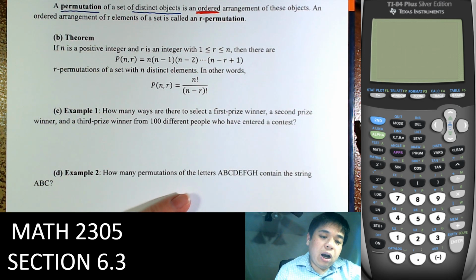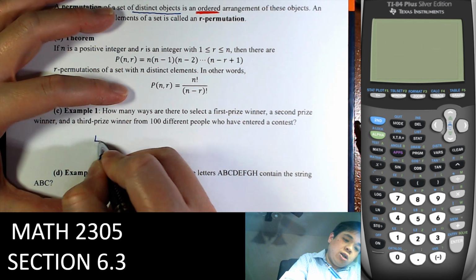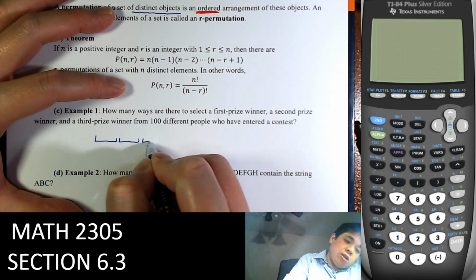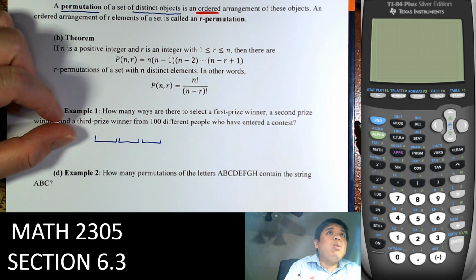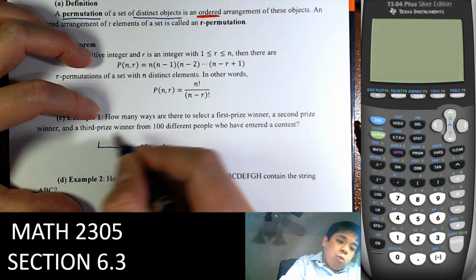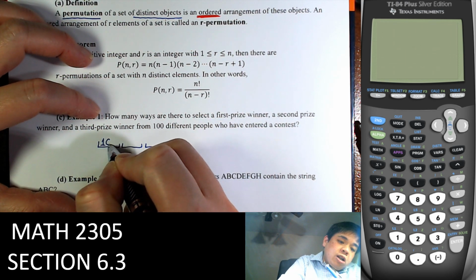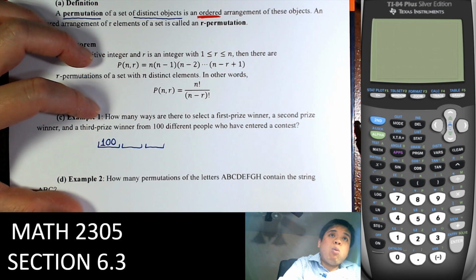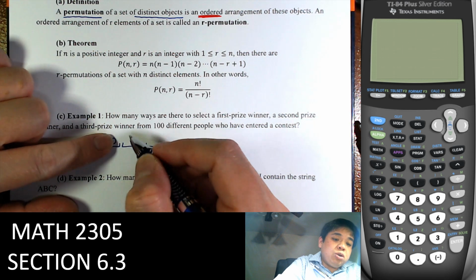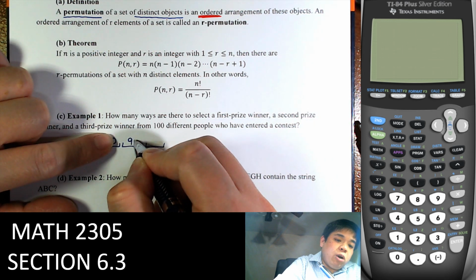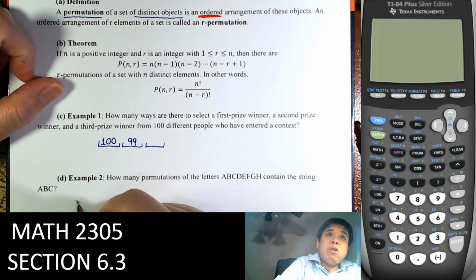How many ways are there to select the first prize winner, the second prize winner, and the third prize winner? There are 3 winning spots and 100 people. We have 100 different ways to choose the first one. After you choose the first one, there are only 99 people left to choose for the second prize.